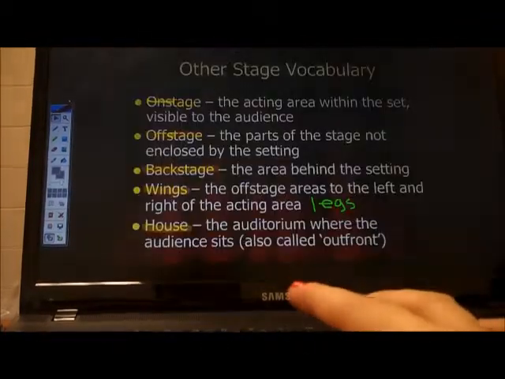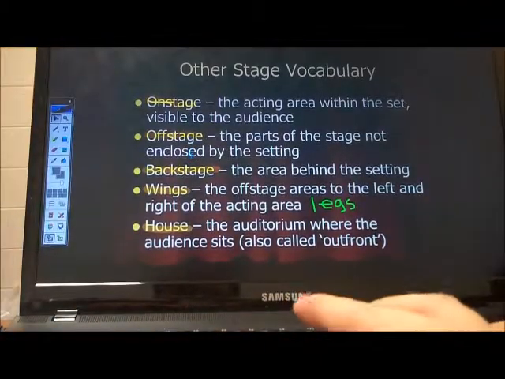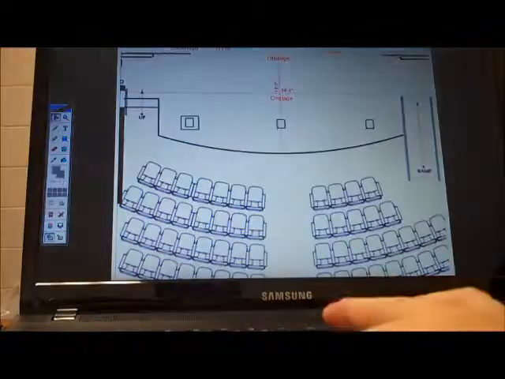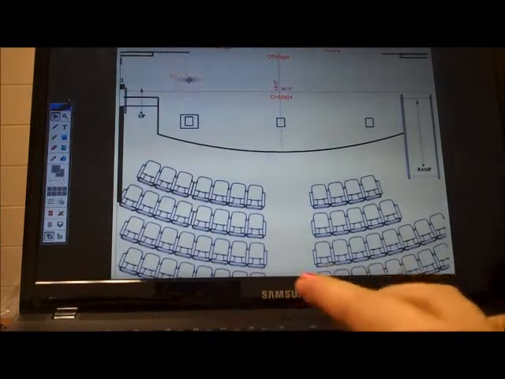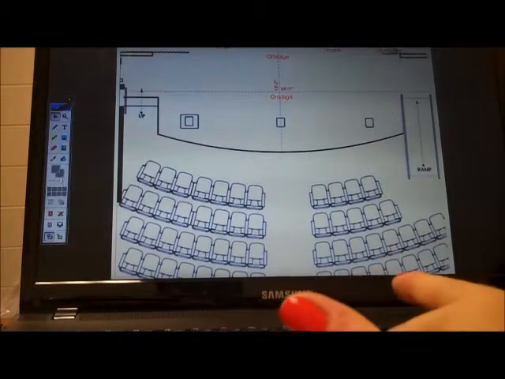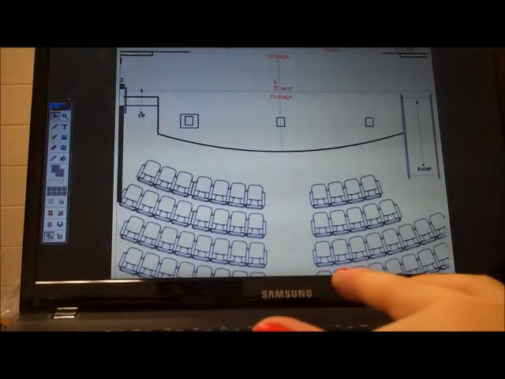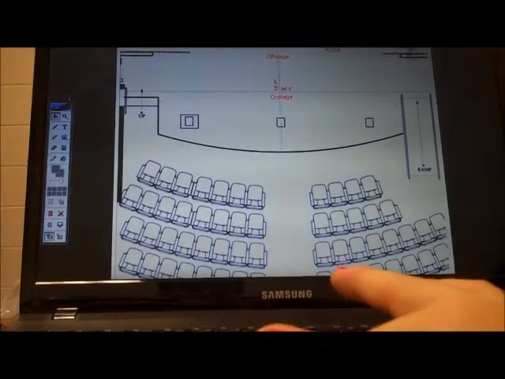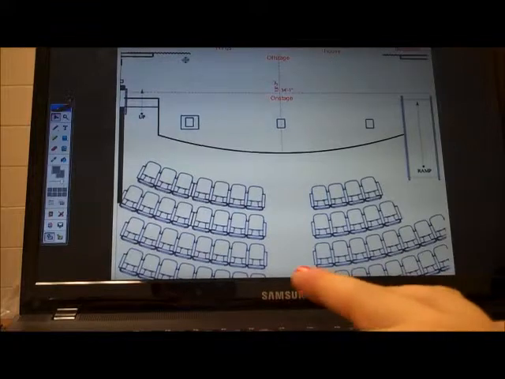So then the next word would be backstage, the area behind the setting. They would get this and move it around after using the student selector, and it's actually going to be behind these curtains, so behind the closed doors. So you would go through a door here, and that would be behind those closed doors.